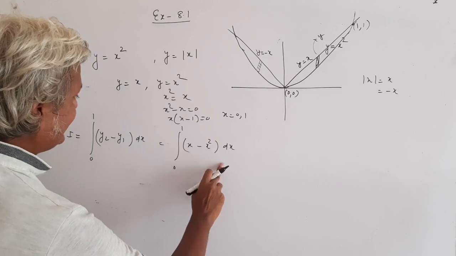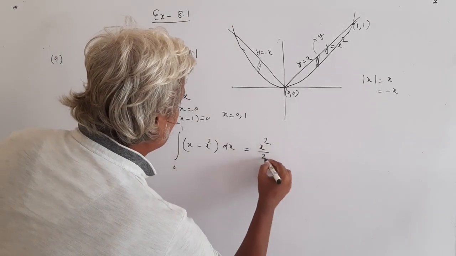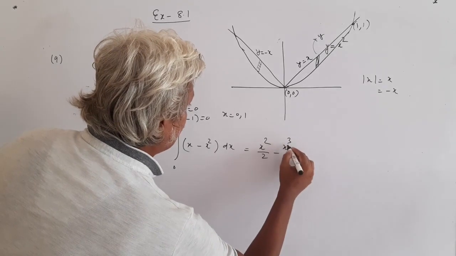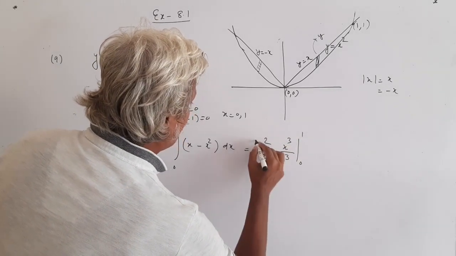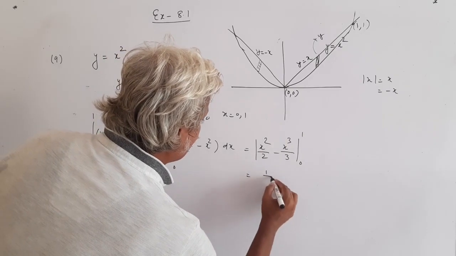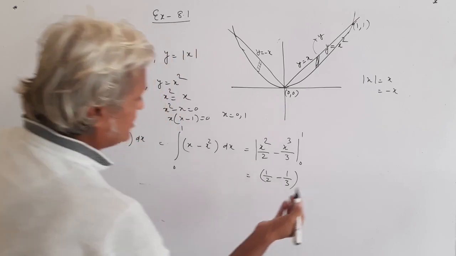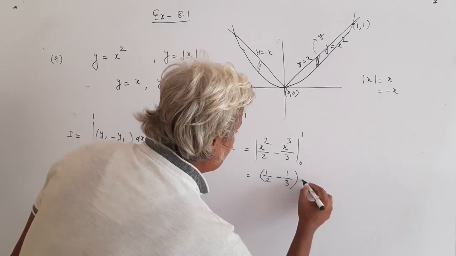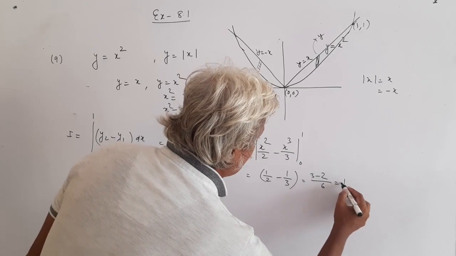So I integrate this, and I get x square by 2 minus x cube by 3, and the limit will be 0 to 1. I put the 1 there, I get 1 by 2 minus 1 by 3. For 0 it is gone. So what I am getting is 3 minus 2 over 6, that is 1 by 6.